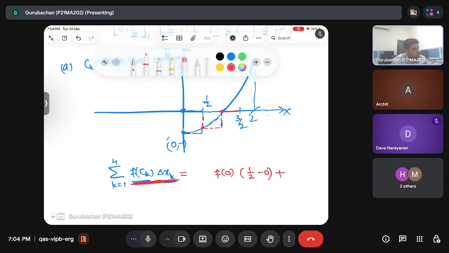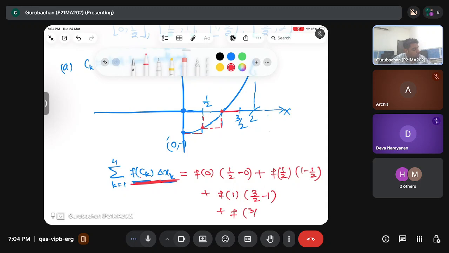Another one is f of half into 1 minus half, plus f of 3 by 2 into 3 by 2 minus 1, plus f of 3 by 2 into 2 minus 3 by 2.